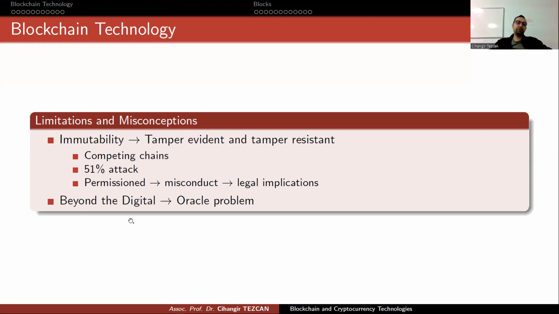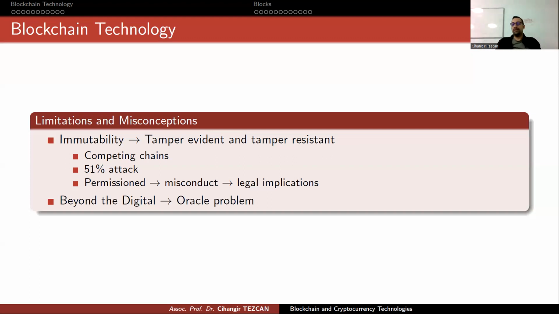Another thing is the beyond-the-digital problem, the oracle problem. So this is important because we want to use the blockchain technology and map it to some physical things that happen in the world. For instance, you want to sell your car and in return obtain the cryptocurrency for it. Assume this is the scenario.